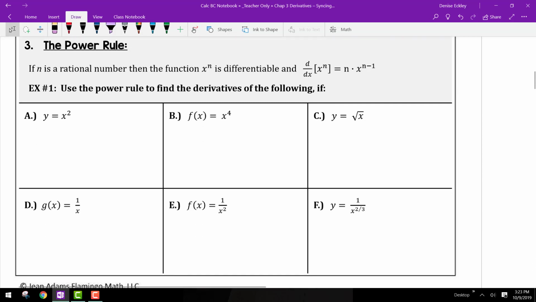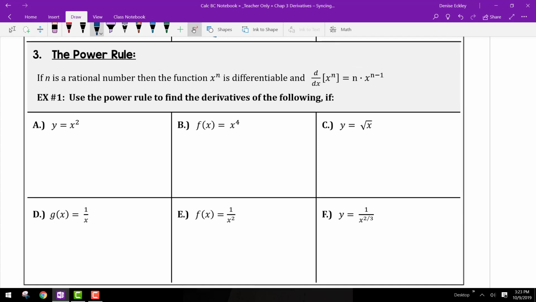Okay, so now we get to the power rule. What if n is a rational number? That's important. It has to be rational. Then we have x raised to a rational number. That means it is differentiable, and its derivative is done like this. You bring the power down, so the power comes in front, and then you subtract 1 from the power.